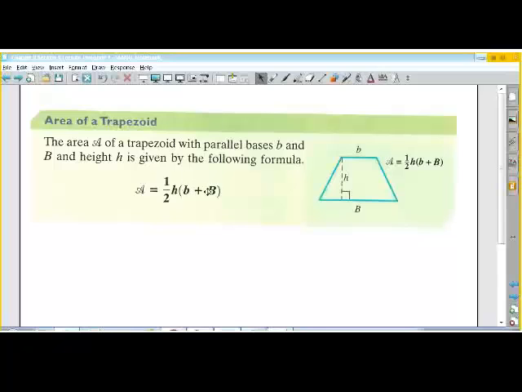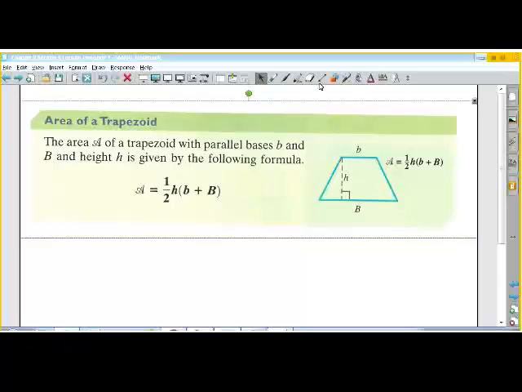It's still going to be units squared because b and B are both length units. So length plus length is length, and then length times length is length squared. So the correct units. Now, how would you do this one?